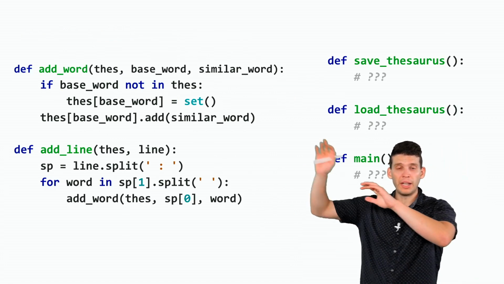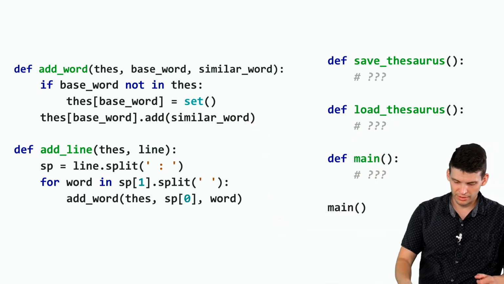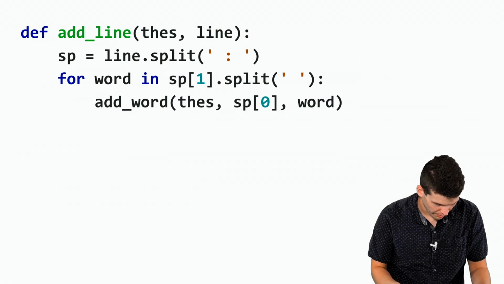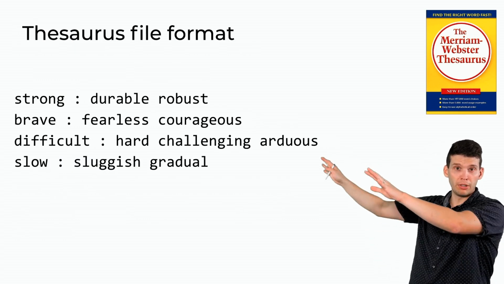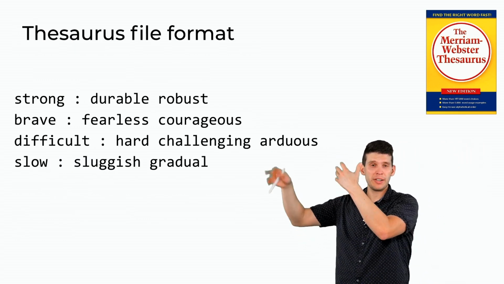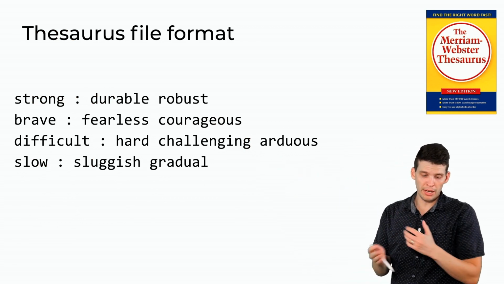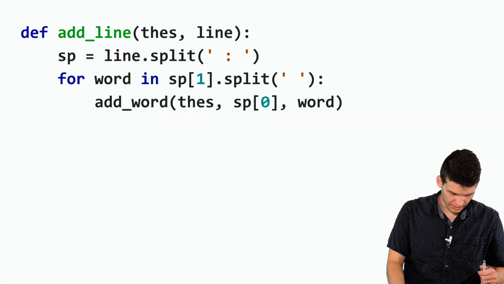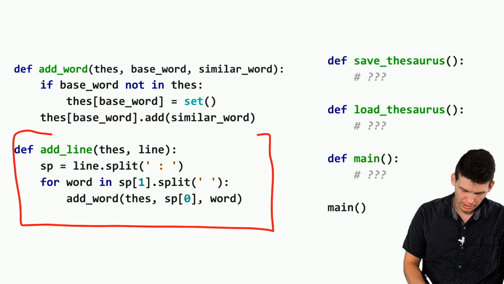All right, so we got add word, we got add line, we need save, load, and main still. So for loading, recall the format of the file. The format should be basically something along the lines of that. So remember, imagine having a file that has that kind of formatting for each line, and you need to go through and load that information into the Thesaurus, but also keep in mind you're allowed to use this add line function.